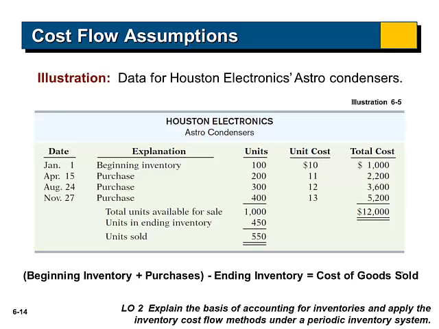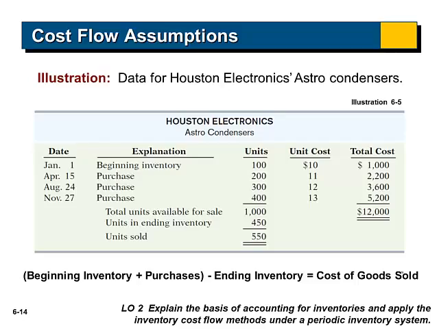Okay, so now we're going to go through this illustration when we are walking through LIFO and FIFO and average cost. We've got Houston Electronics and they are buying and selling Astro condensers. You can see that at the beginning of this year, January 1st, they had 100 condensers that they had previously purchased for $10 each. And then during the year, in April, in August, and in November, they bought more condensers and put them into the warehouse.